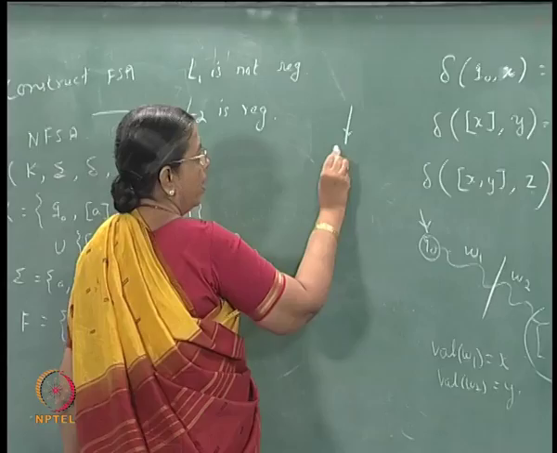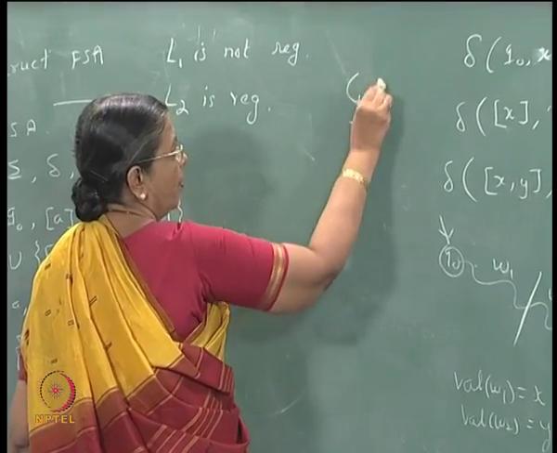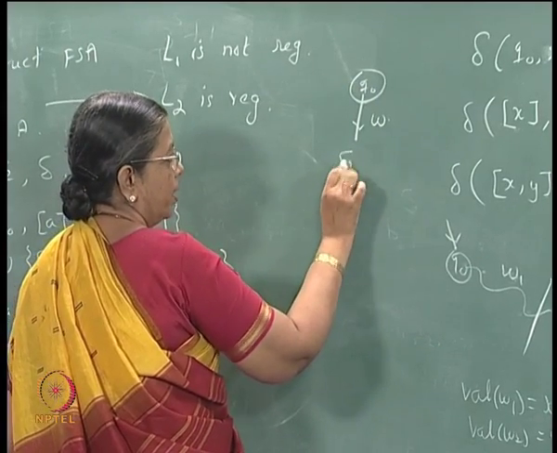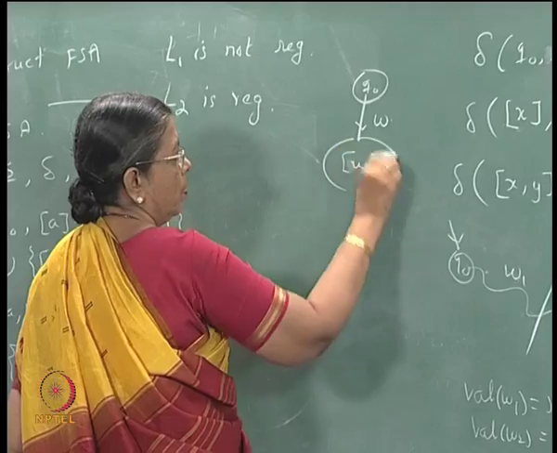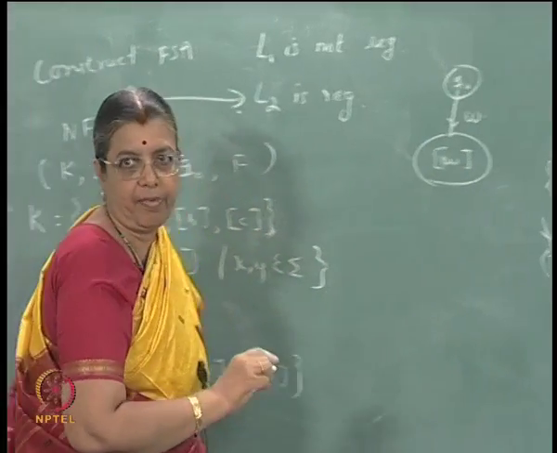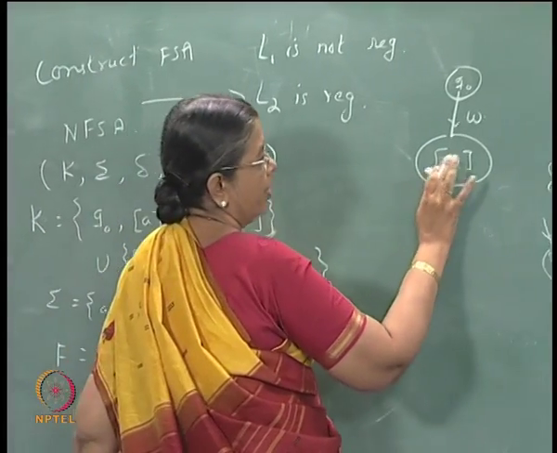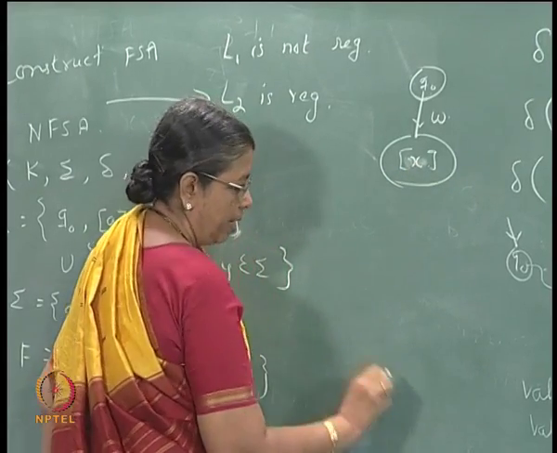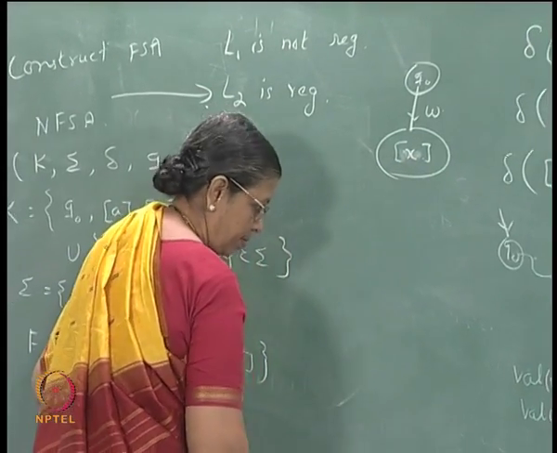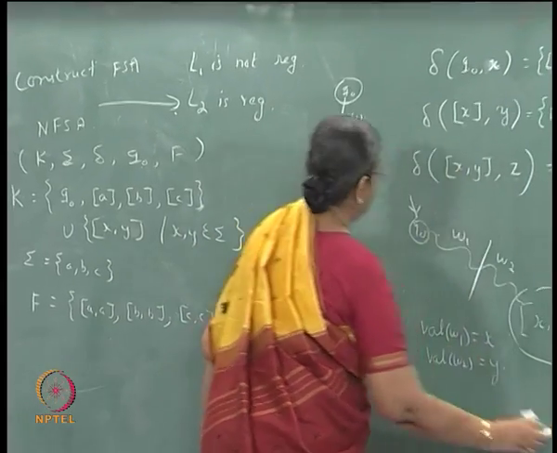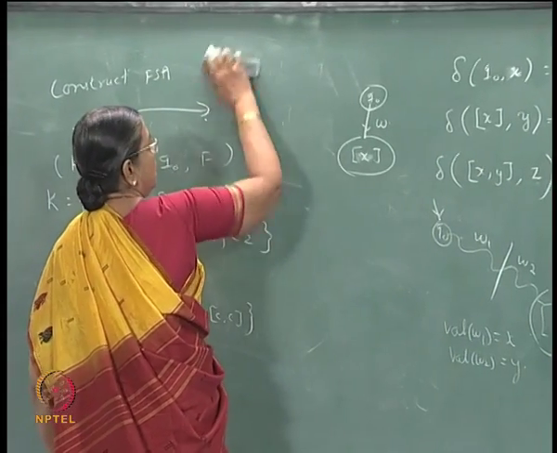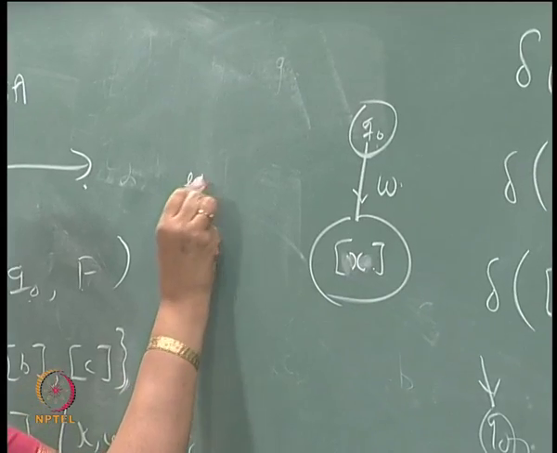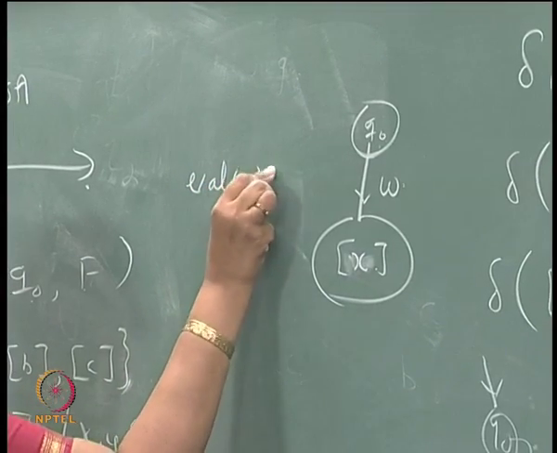After reading a string W from Q naught, if you are in a state W, the evaluation of left x, this would mean the evaluation of W, I will write it as x, where value of W is x.